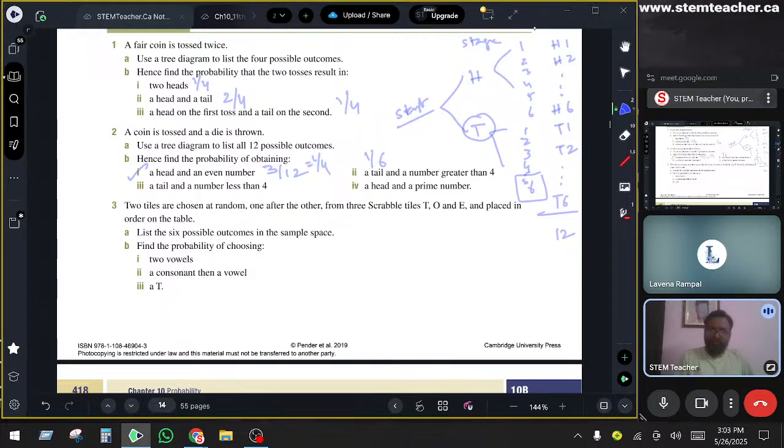What about the third one? A tail and a number less than 4: 3/12, which is 1/4. Next, a head and a prime number.